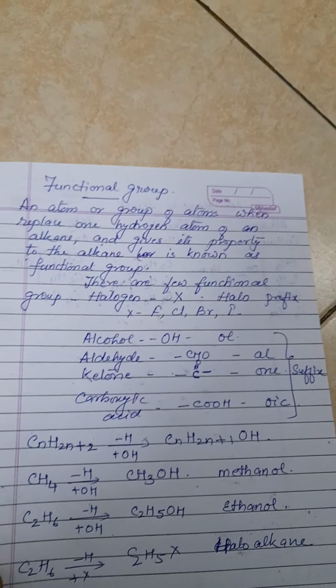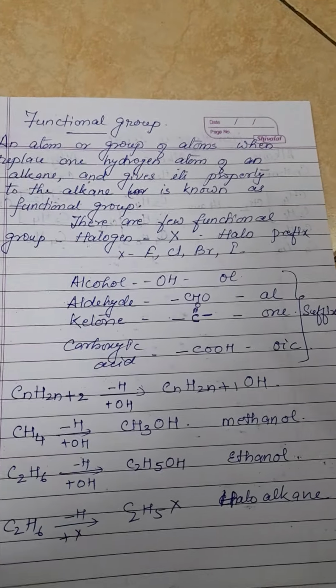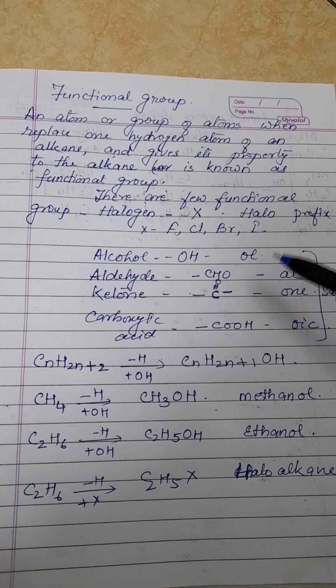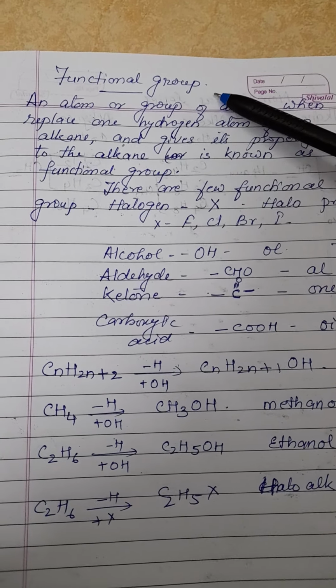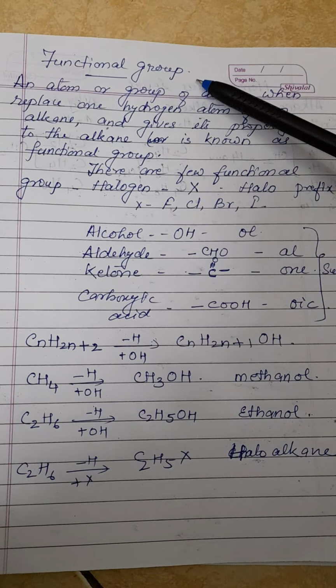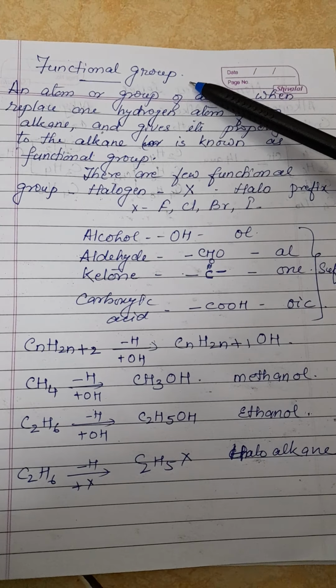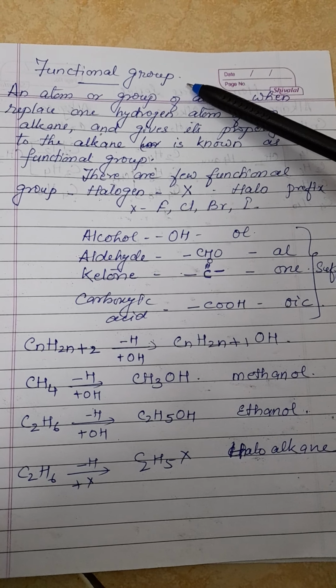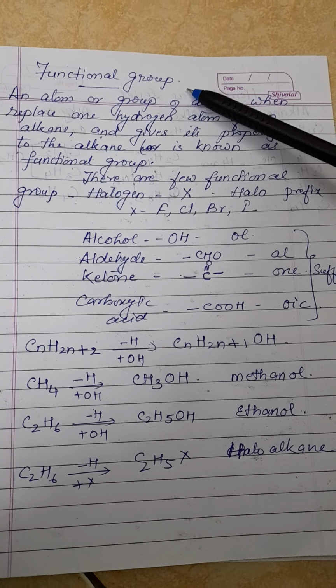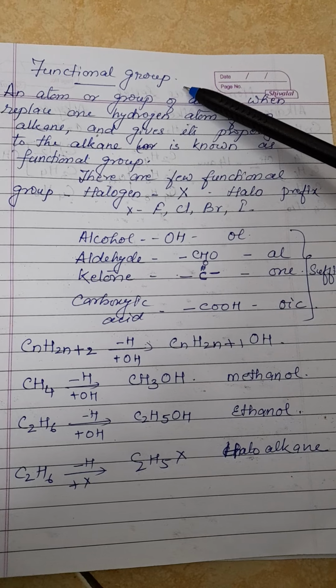Now the next topic which we will study is a general introduction, only the general introduction, about the functional group. Though it has been deleted from your course, you should know a simple introduction to the functional group. Now what is a functional group actually?